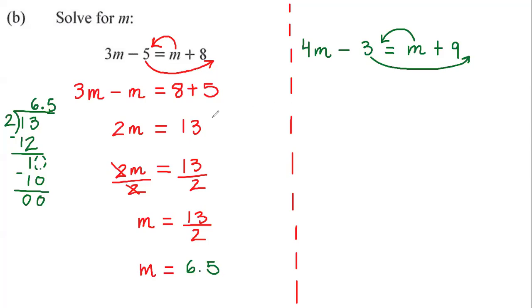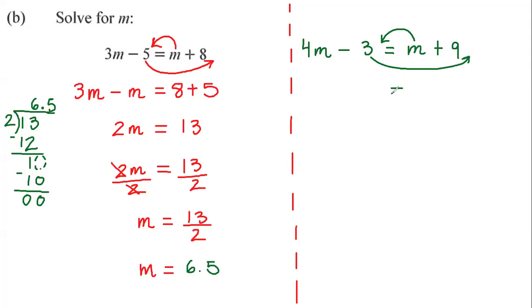Empress, what's the next thing we're going to do? We're going to subtract M from both sides.